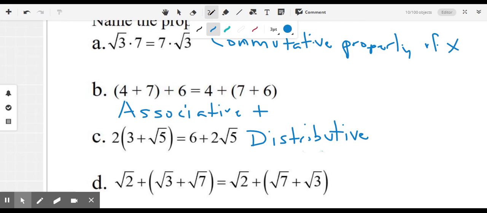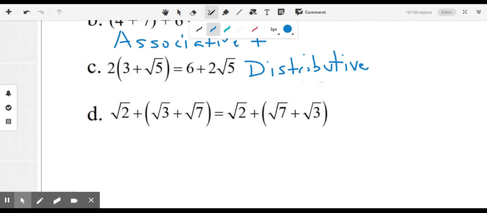All right. Now this one, they're trying to trick you because of the parentheses. If you look at it quickly, it looks like it is the associative because I'm grouping them differently. But notice in both sides, square root of 3 and square root of 7 are grouped together. So I haven't changed my grouping.